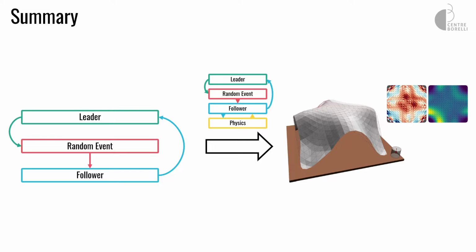And then there's traffic optimization. My followers would be the people actually sitting in the cars and driving. They want to minimize the time they take to get from A to B. And now I have the leader, which, for example, controls all the traffic signals in a city, and wants to minimize the carbon dioxide emission or whatever.